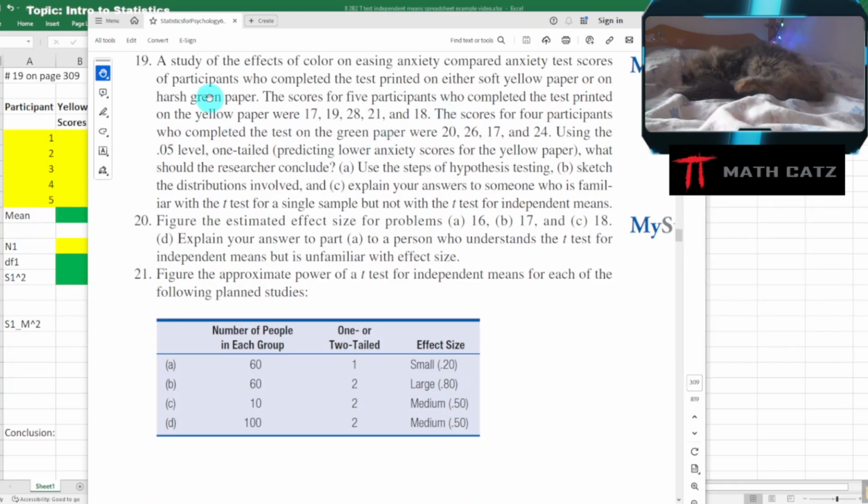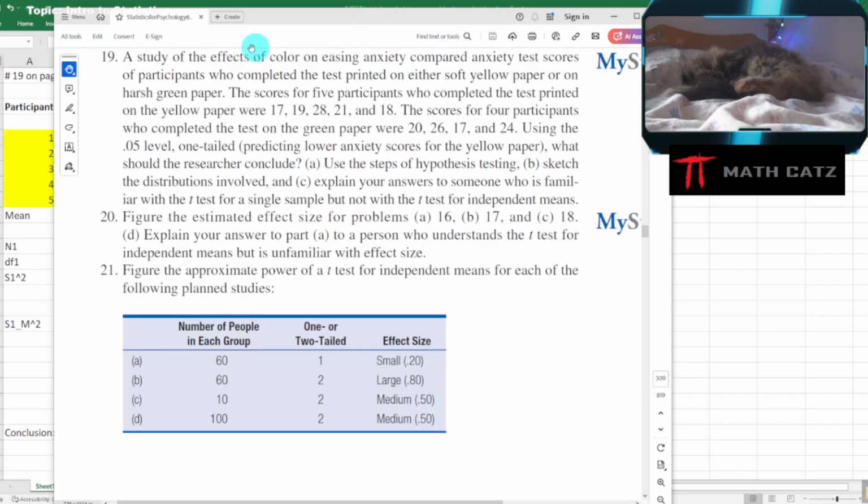Very often these questions can be super long, and do not hesitate to pause the video if you have to read it again and again to get on top of what's happening in this question. That is perfectly normal. So, a study of the effects of color on easing anxiety compared anxiety test scores of participants who completed the test printed on either soft yellow paper or on harsh green paper.